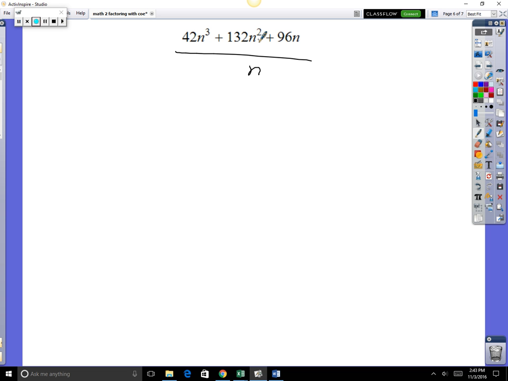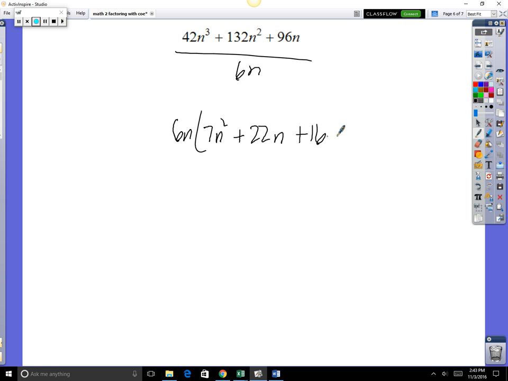So now you must wonder, 132, can you divide that by 6? Yes. 96, can you divide that by 6? Yes. So look, if I take a 6 out with the n, try this: 6n times, that is 7n squared, plus the 132 divided by 6, that's 22n, and the 96 divided by 6 is 16.